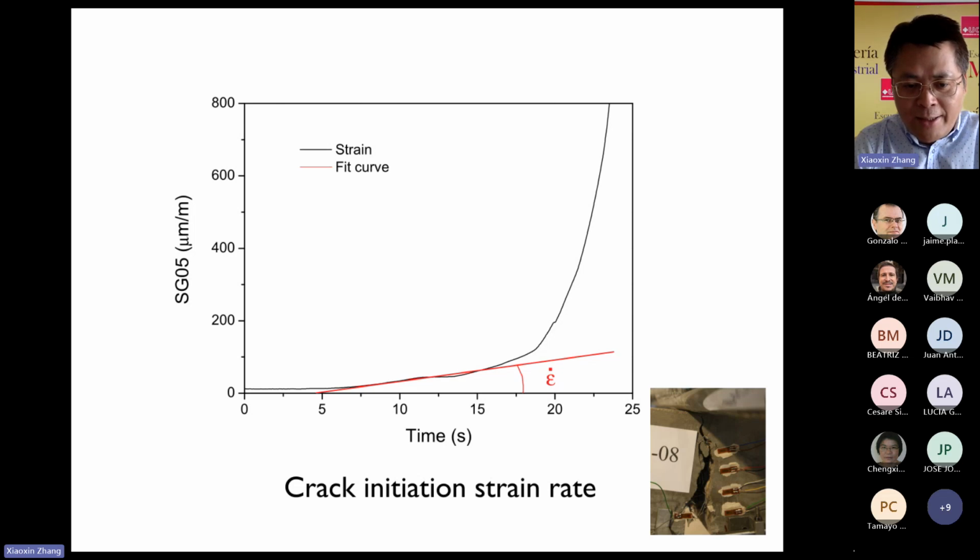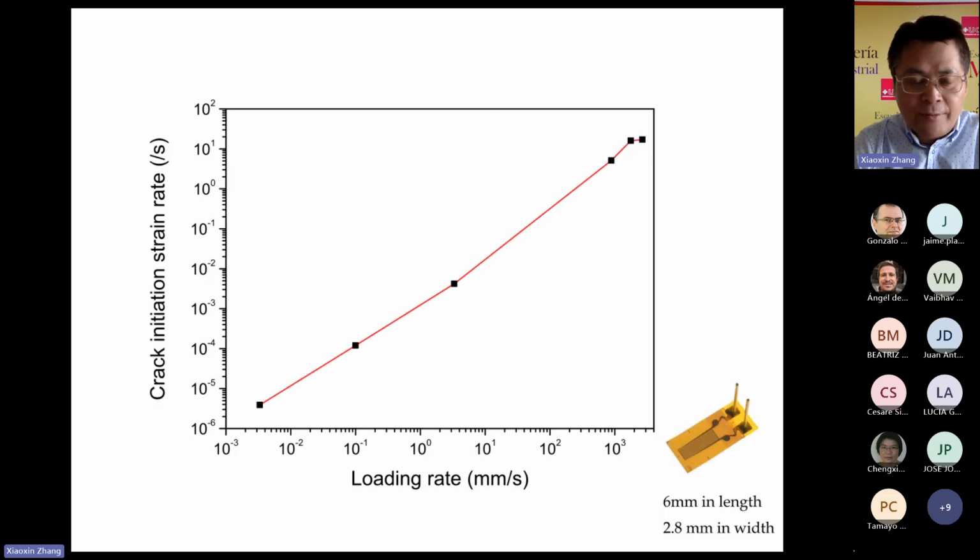Of course, we get the corresponding strain rate for the 6 different loading rates. This figure shows the crack initiation strain rate versus loading rate. In fact, I didn't mention before the size of the strain gauge: it is 6 millimeter in length and 2.8 millimeter in width.